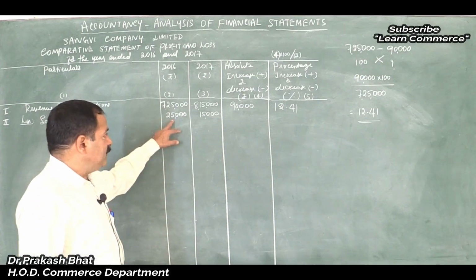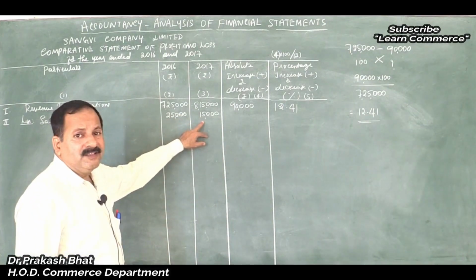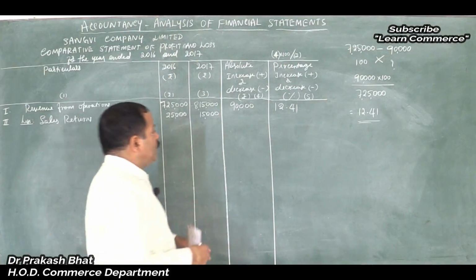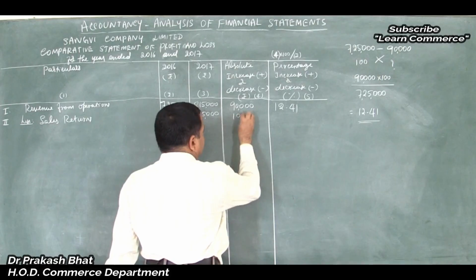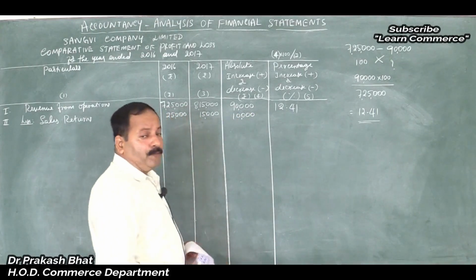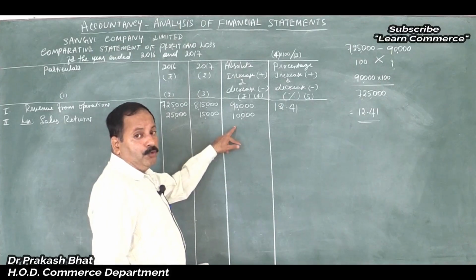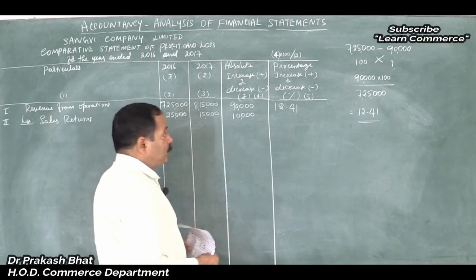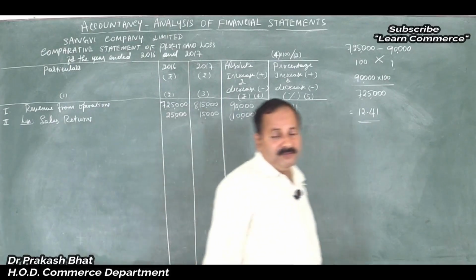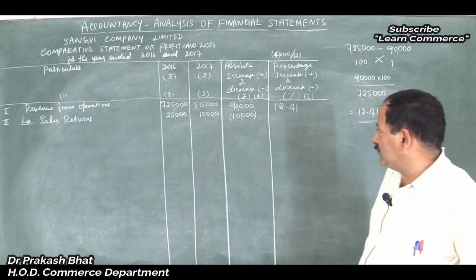Previous year it was 25,000. This year it is just 15,000. So there is a decrease of rupees 10,000. Correct? As this is a negative figure, no need to put the symbol, just put the bracket. Bracket implies negative figure. So put the bracket. That's all.